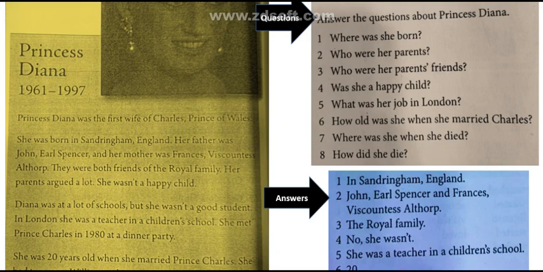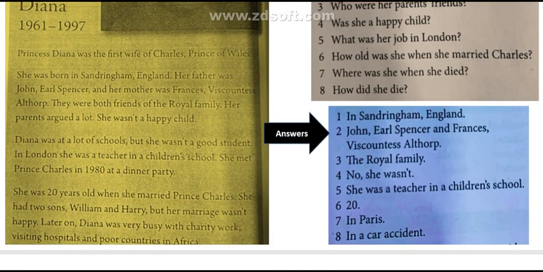The royal family. Was she a happy child? No, she wasn't. What was her job in London? She was a teacher in a children's school. How old was she when she married Charles? She was 20.